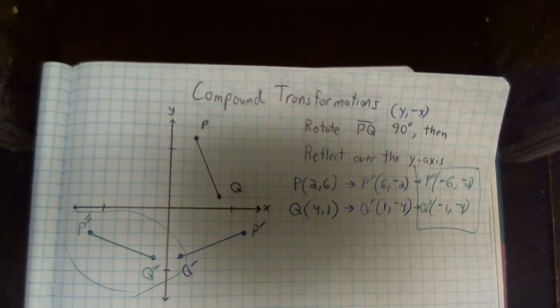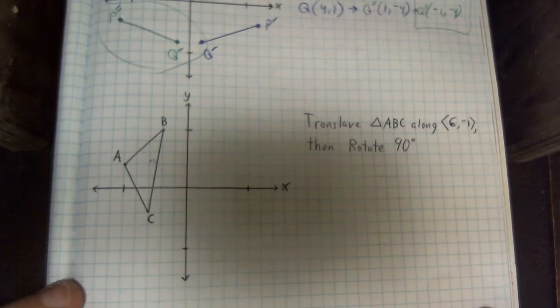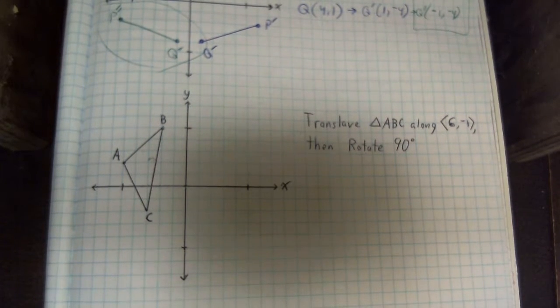Okay? Easy to do, just make sure that we go in order. So here's a new example. What I would suggest is maybe pause the video, try doing this one on your own, see what you come up with, and then if you resume the video, you'll be able to see what the answer looks like.